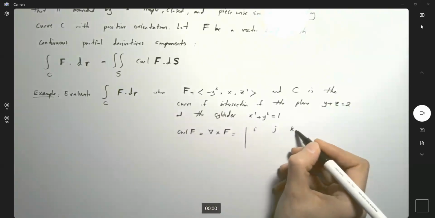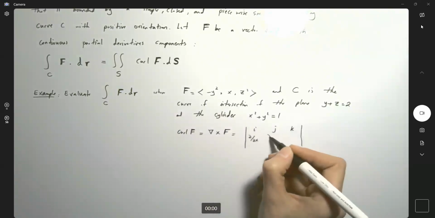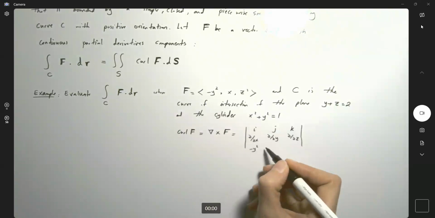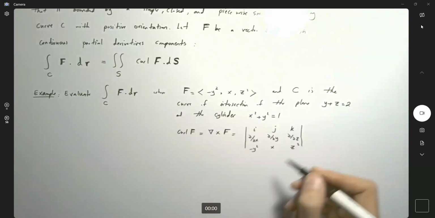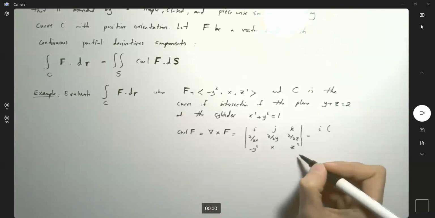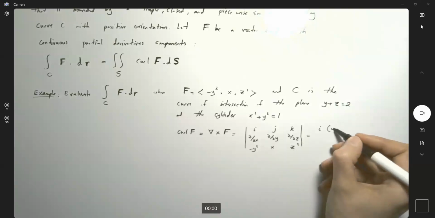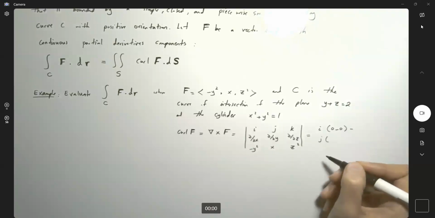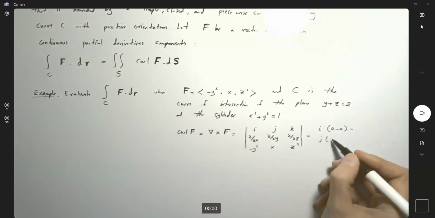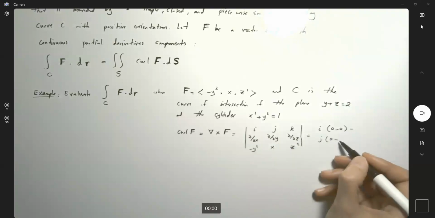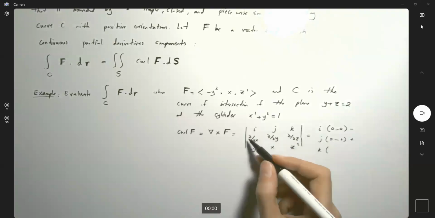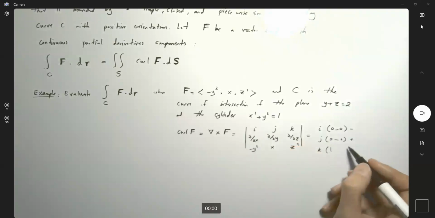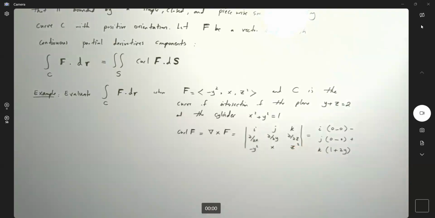Here we have i, j, and k, partial derivative with respect to x, with respect to y, and with respect to z, negative y squared, x, and z squared, which is equal to i, partial derivative with respect to y is 0, partial derivative with respect to z is 0, minus j, partial derivative with respect to x is 0, partial derivative with respect to z is 0, plus k, here the partial derivative with respect to x is 1, and the partial derivative with respect to y is negative 2y. So we get plus 2y.